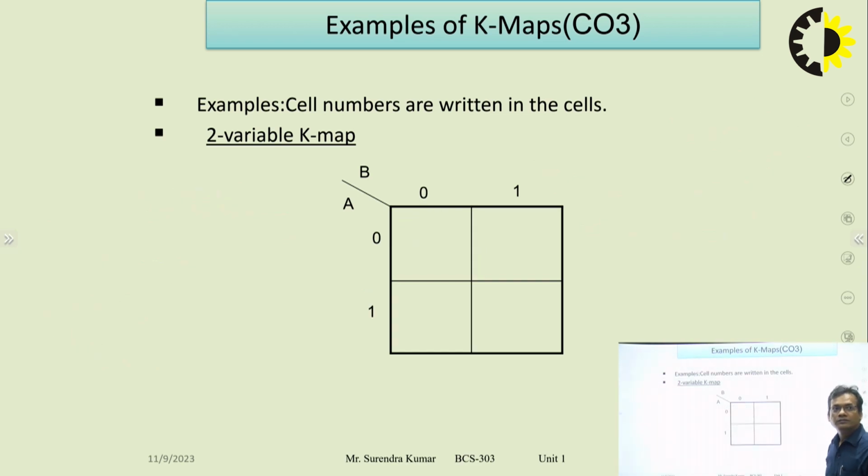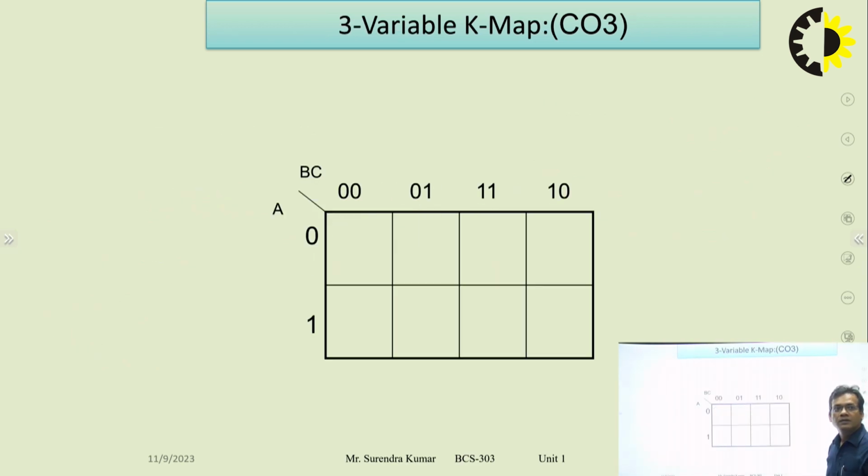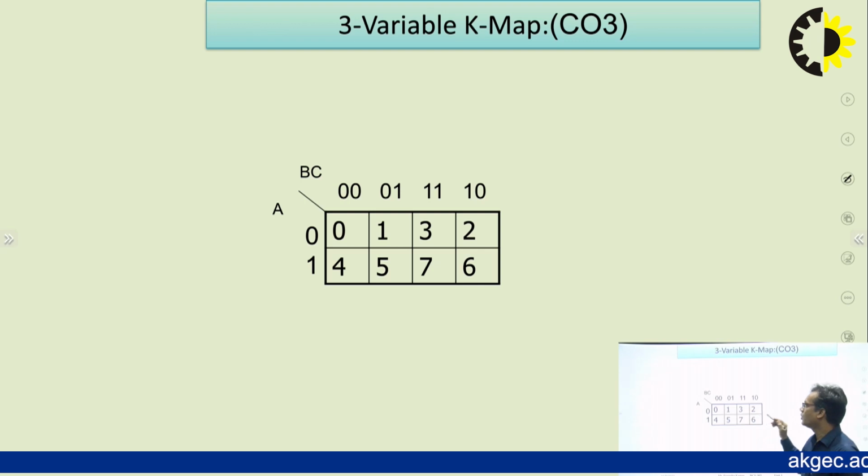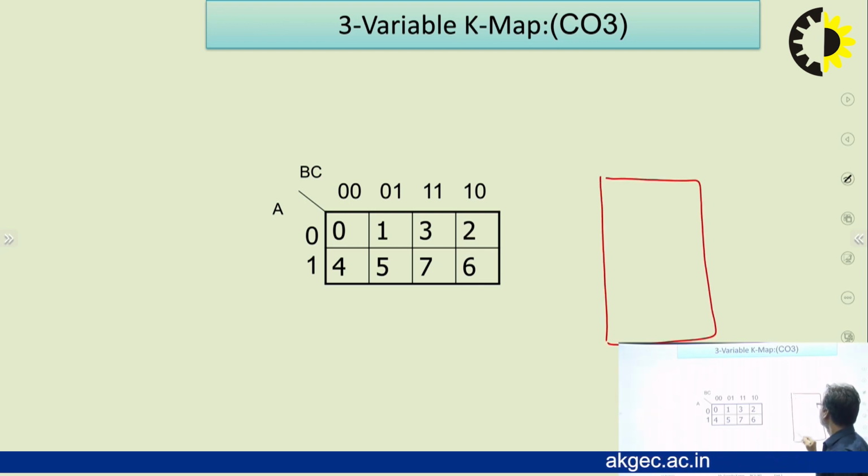For a 3 variable K-map, we have this kind of representation, or you can have it vertical also.